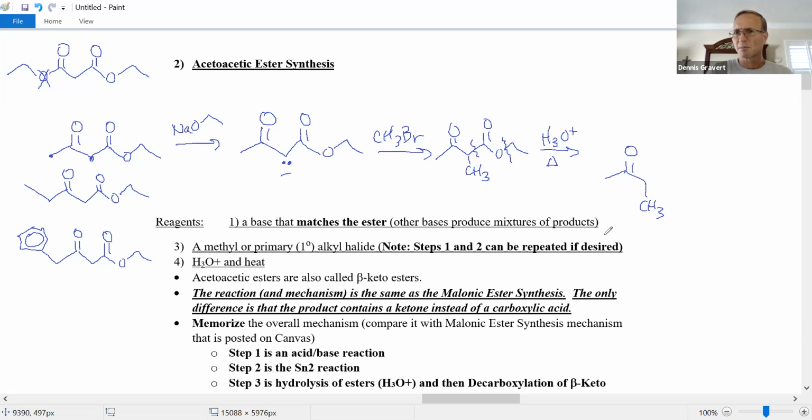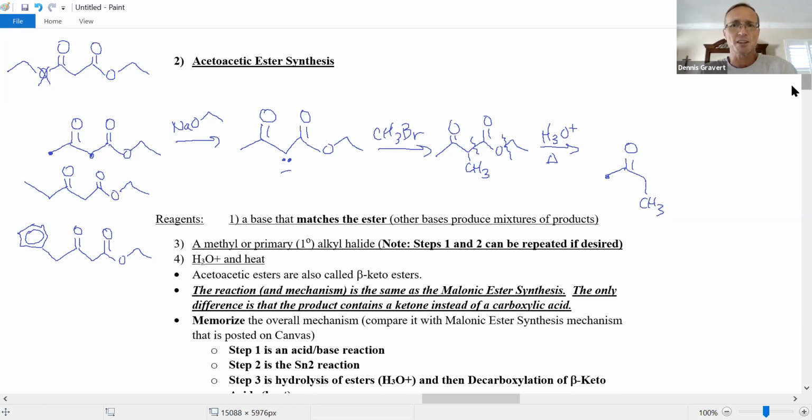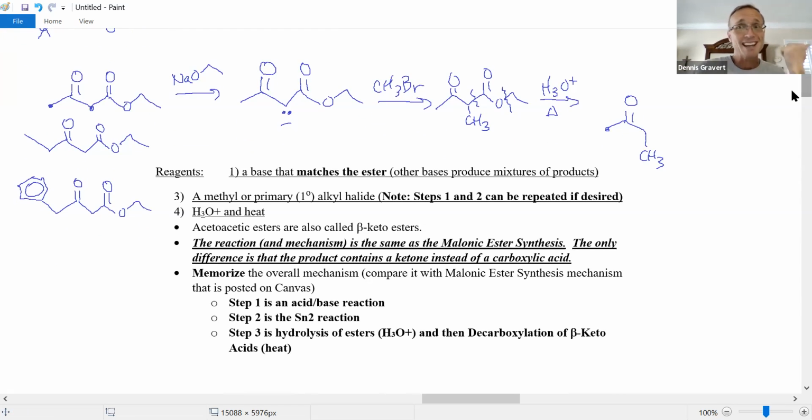Well, it looks very similar to the malonic ester synthesis, except you didn't have a carboxylic acid over here. You got a ketone. And whatever group you start out with is still there. So I start with methyl here, I got methyl there. If I had the benzene with the methyl, I would have a benzene with the methyl here. Exact same thing. So I'm not even going to repeat the mechanism because you got it already.